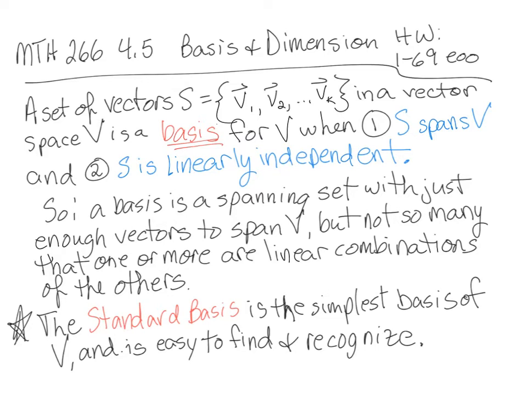All right? Now, the book talks about a standard basis, but it never really tells you what it is. The standard basis is just the simplest, most recognizable, easiest to find basis for any set.